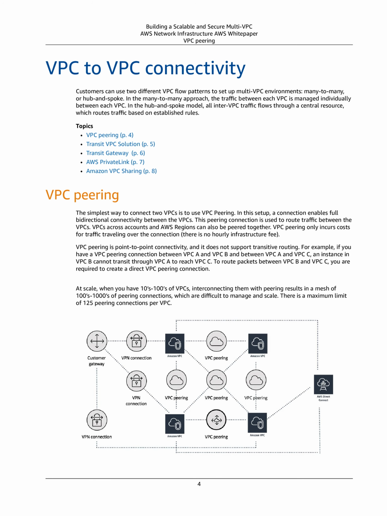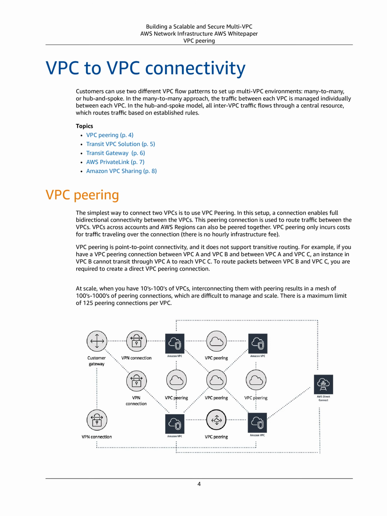VPC-to-VPC connectivity. Customers can use 2 different VPC flow patterns to set up multi-VPC environments: many-to-many, or hub and spoke. In the many-to-many approach, the traffic between each VPC is managed individually between each VPC. In the hub and spoke model, all inter-VPC traffic flows through a central resource, which routes traffic based on established rules.